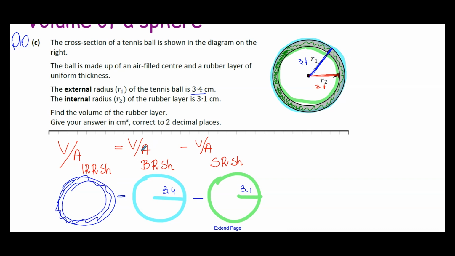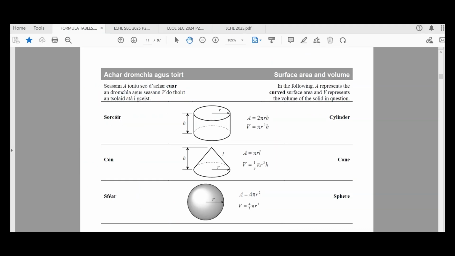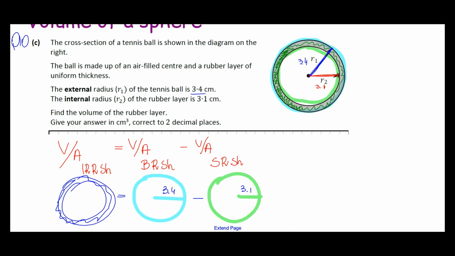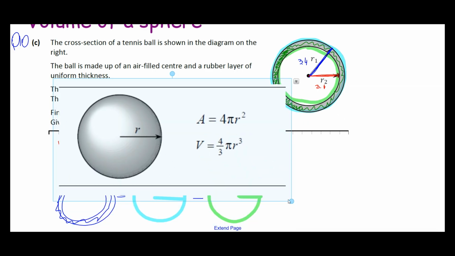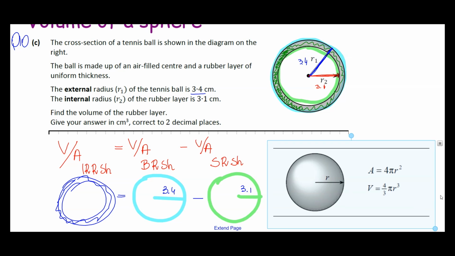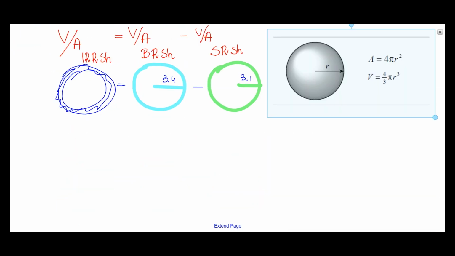So how do I calculate the volume of the sphere? Well, we go to the table and we get the formula for the volume of the sphere. On page 10, beside the sphere, we have two formulas, area and volume. And obviously we want the volume, not the area this time. So it will be 4/3 multiplied by pi multiplied by r cubed, where r is the radius.